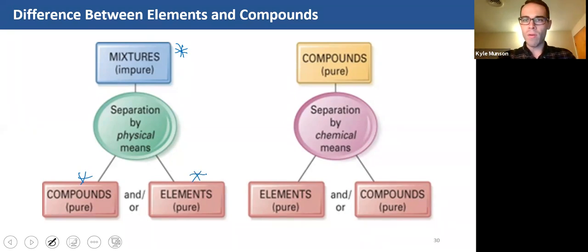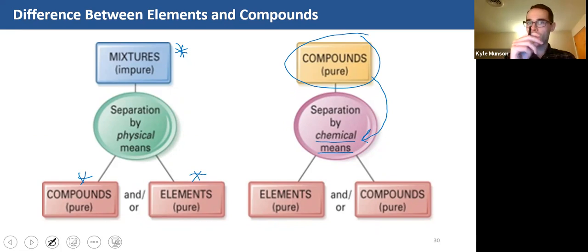On the other hand, if we wanted to separate a compound over here, the only way to do that is by chemical means, okay? It's the only way you could separate it. So if I wanted to separate water, I would need to do a chemical reaction to do that. And that's something we're going to talk about in a later video.